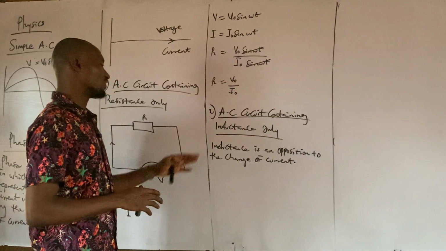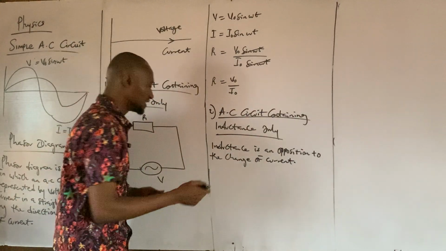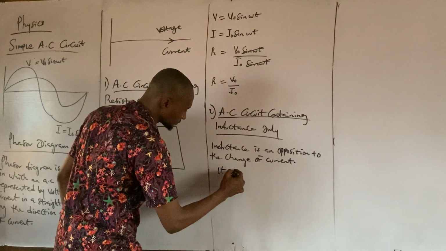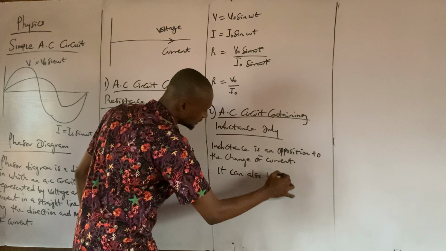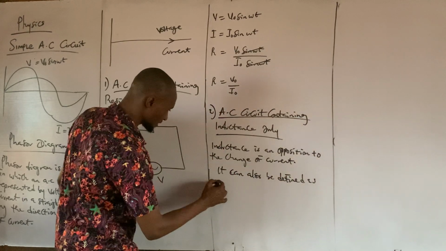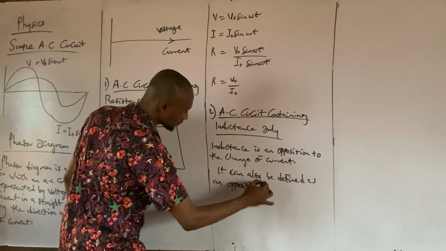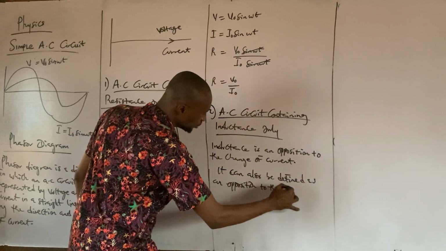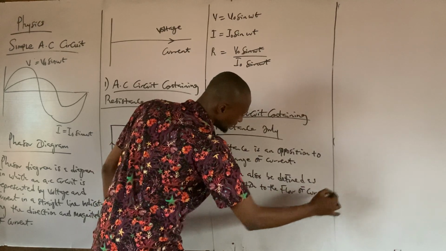I have told you that inductance is an opposition to the change of current. It can also be defined as an opposition to the flow of current.